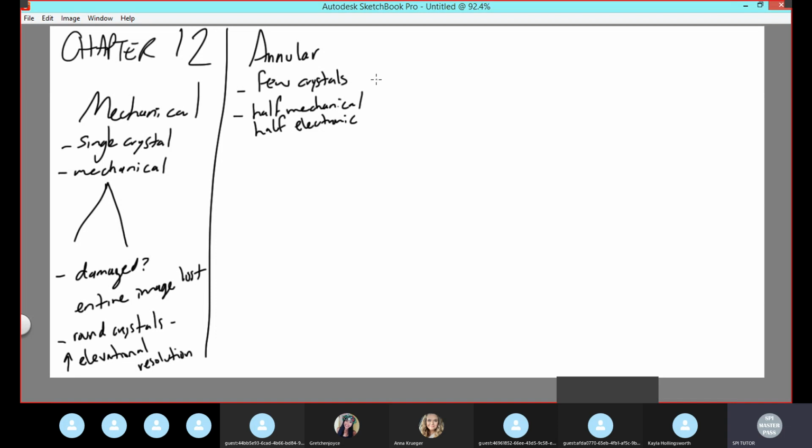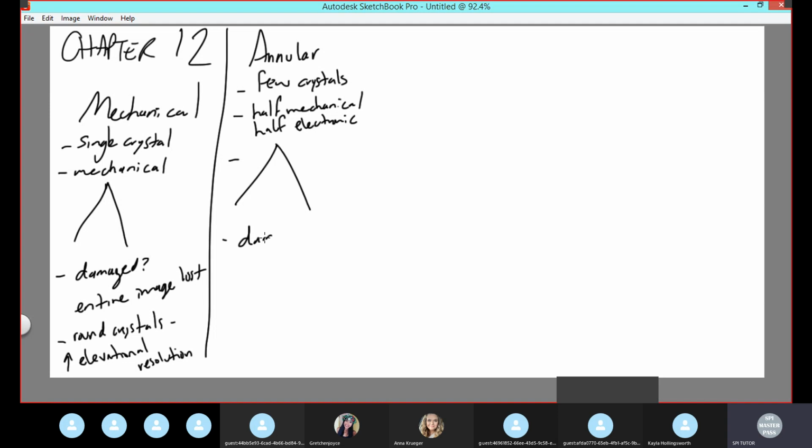Okay, I'm not really sure you have to know that specifically, but it would be good to know that it's half and half, at least that. Okay, and notice that we're progressing. We're going from single to few, from just mechanical to now mechanical and electronic. So we're slowly progressing. The image shape is the same. A sector shape, a pie shape, a pizza slice. All right, so it's the same shape.